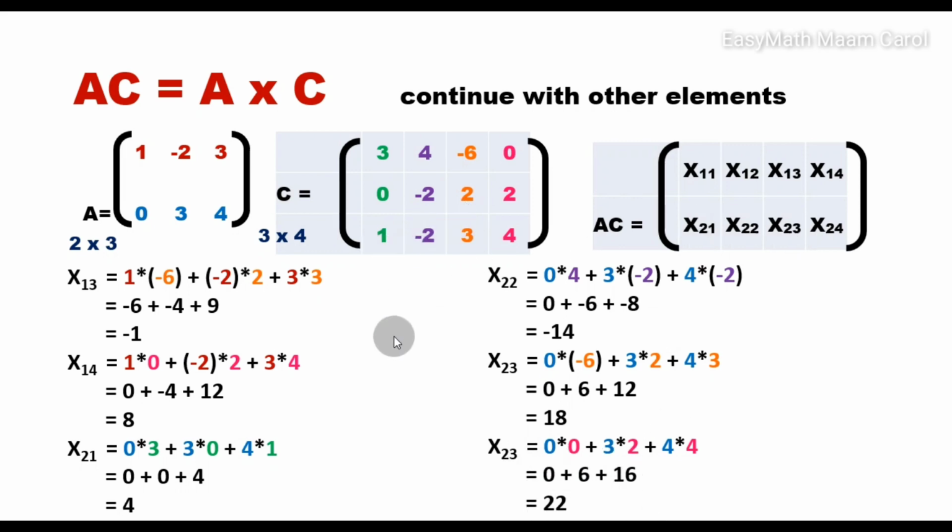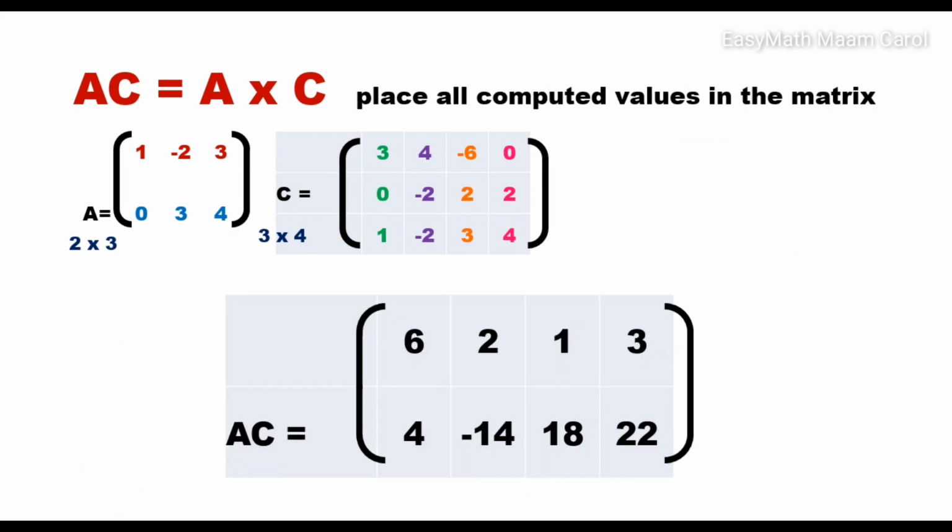So, ang gagawin natin, lahat yung nakuha natin na final answer, ipapasok lang natin dun sa AC, matrix AC. So, ayun na siya. So, our last step is to substitute all computed values dun sa matrix ng AC. So, ito yung magiging itsura nung AC natin.